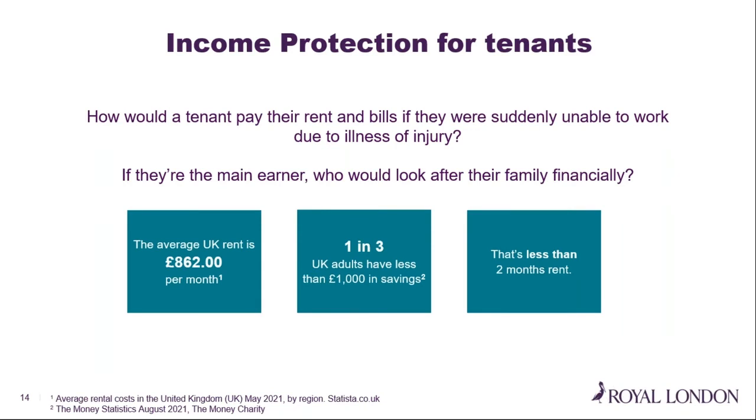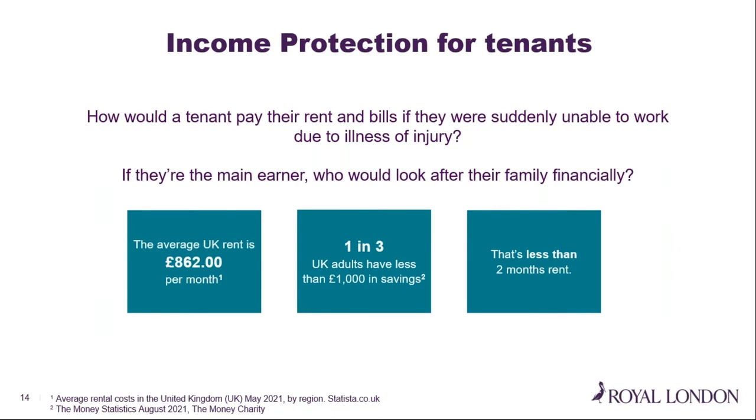Unfortunately, I don't have time in today's webinar to go through income protection in great detail with you, but I'd urge you, please contact your local BDM from Royal London, who I know will be delighted to go through that with you.